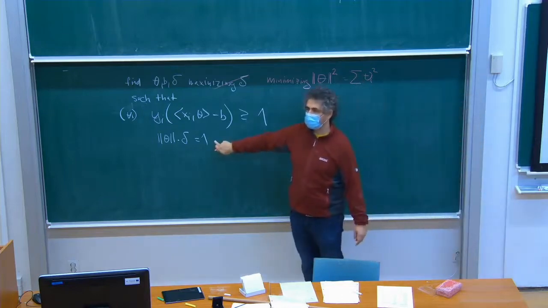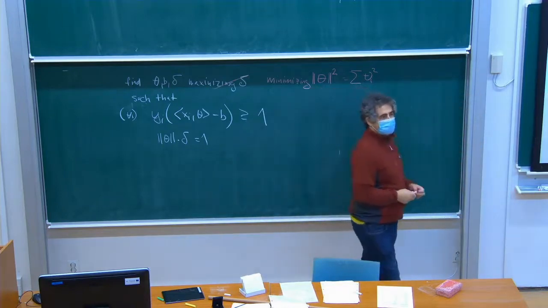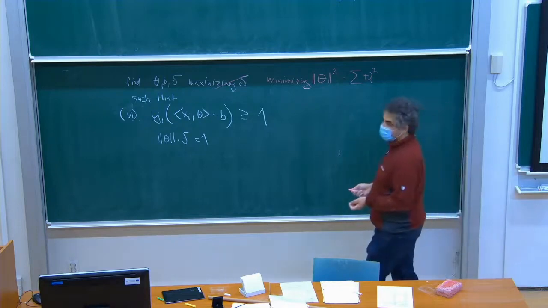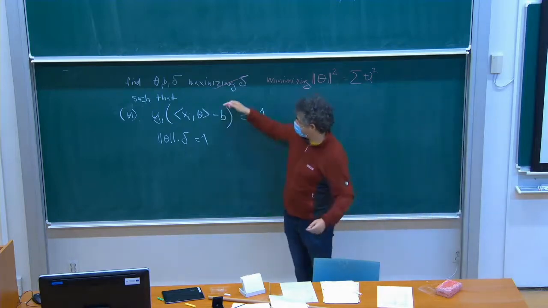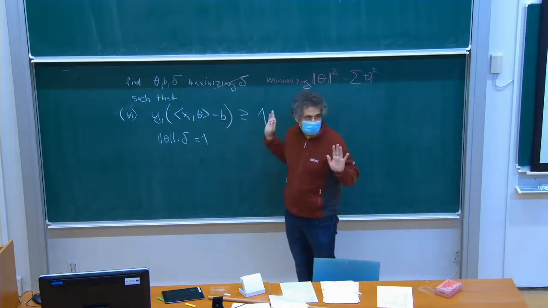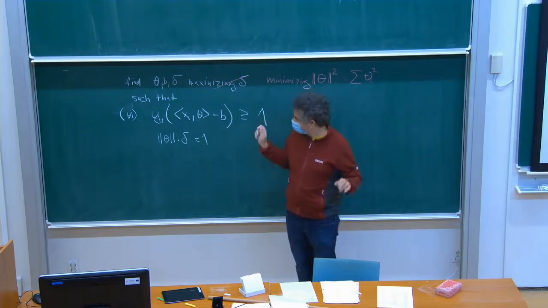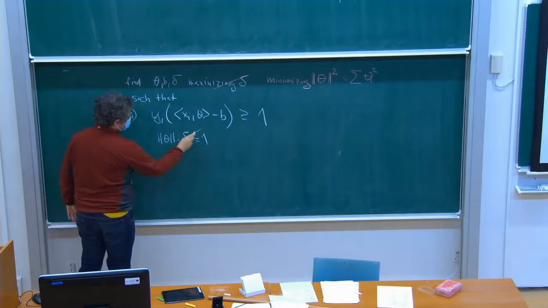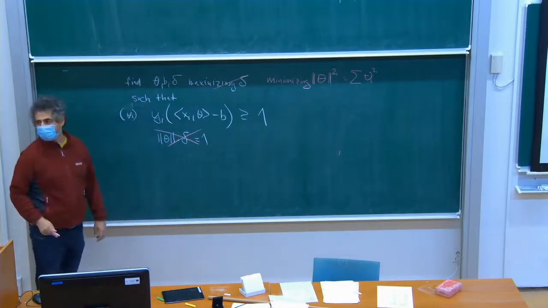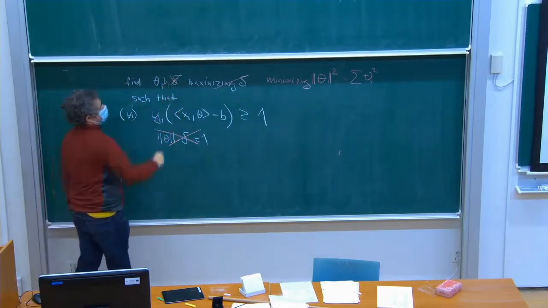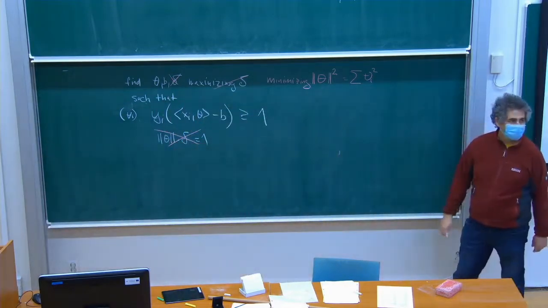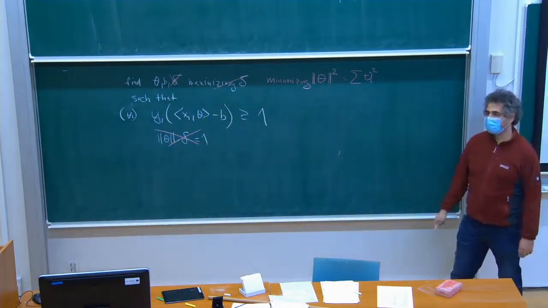But this is still here. So what to do with this? Well, we're not using delta anywhere anymore. This condition doesn't actually contain delta at all, so I don't need to actually compute it. And simply, get rid of this condition and this requirement. And this is my final quadratic program.